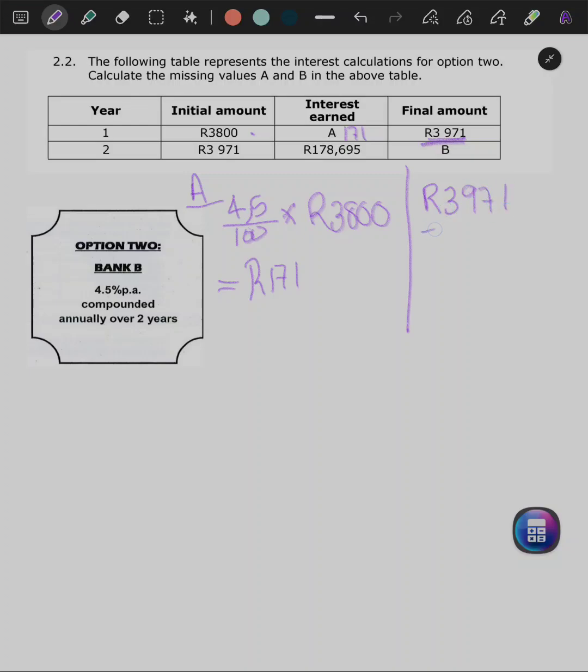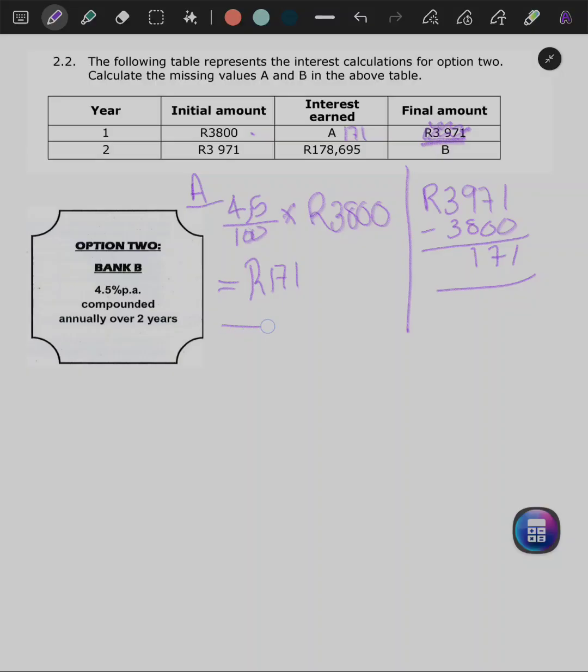Take away the 3,800 that we originally put into our account at the start, and you're going to get 171. Both are perfectly acceptable. Just make sure you know how to do both, because it can be a forced calculation by us not giving you this amount and then asking you to find it.